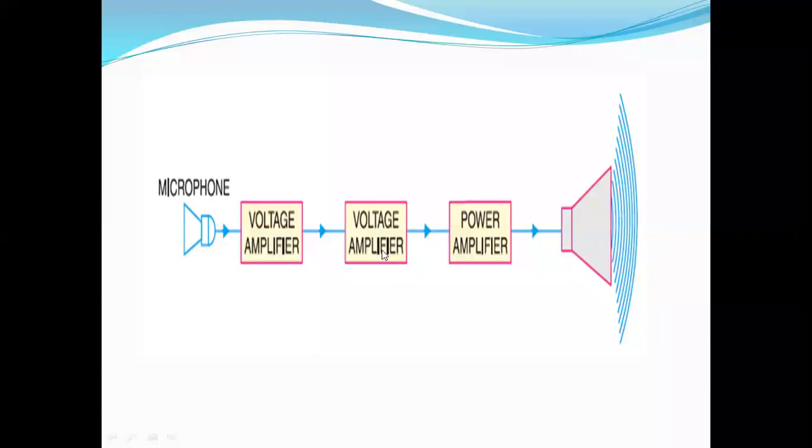In order to deliver the maximum power to the loudspeaker, the impedance of the power amplifier should match with the impedance of the loudspeaker. So that's why it uses transformer coupling, a step down transformer.